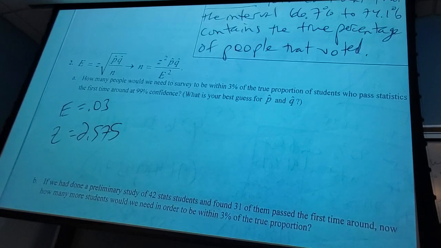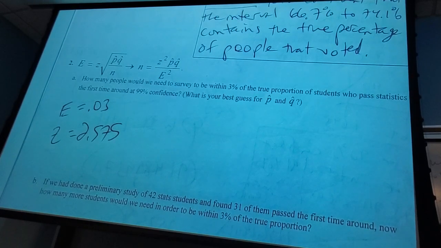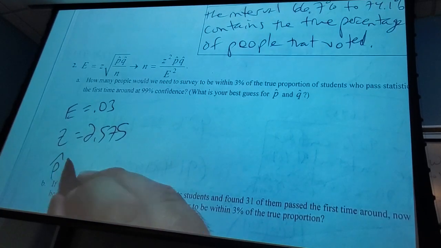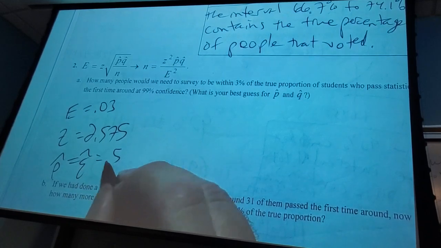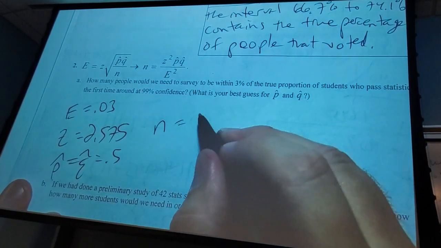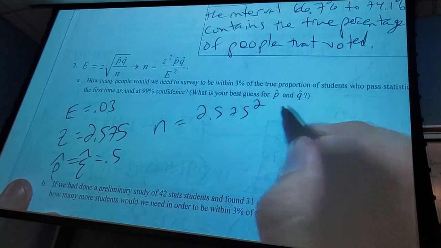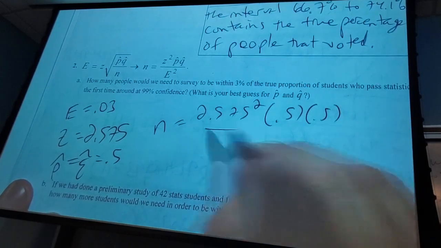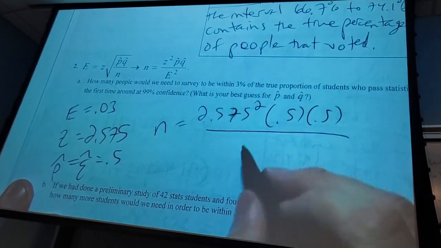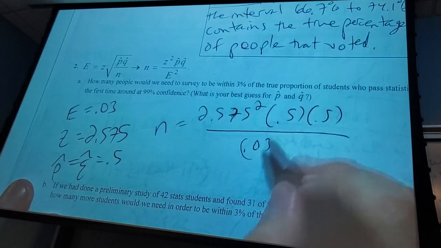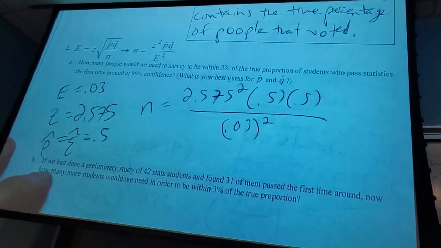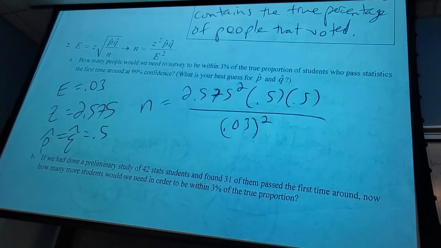Okay. So for part A, we have no idea. So I'm going to assume P hat and Q hat are 0.5. Okay. So go ahead and throw that in the old calculator.